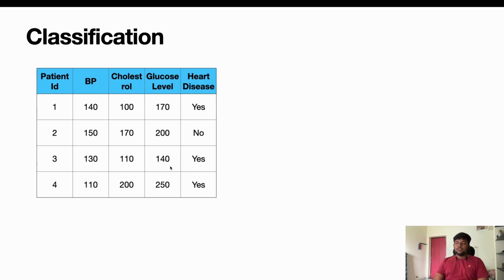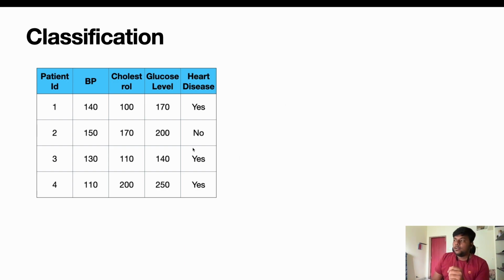Based on these features, we are going to predict whether this patient has a heart disease or not. This kind of prediction is known as a classification problem. We are going to classify whether this data has heart disease or not, so simply it is a yes or no question.